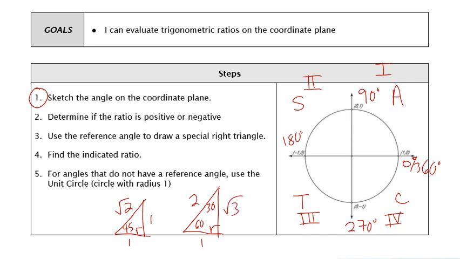And for degree measurements that do not have reference angles, we're going to use the unit circle. So if I have, let's say, 180 degrees, remembering that we have the point -1, 0, and the same for 270 and all of those. So all of them we can use reference angles with the exception of if it's on an axis, and we might use some of the components from our unit circle for that.